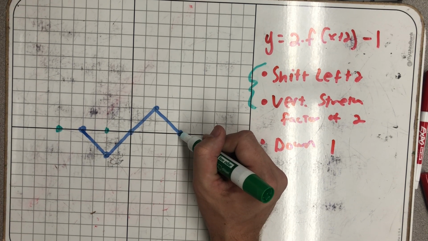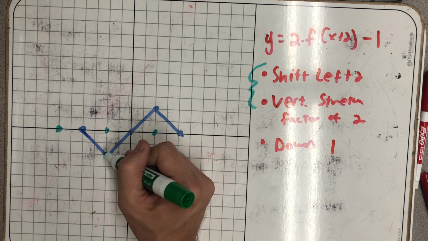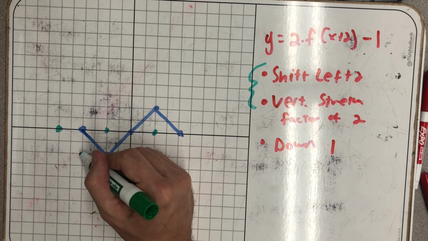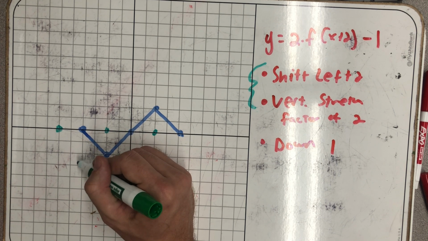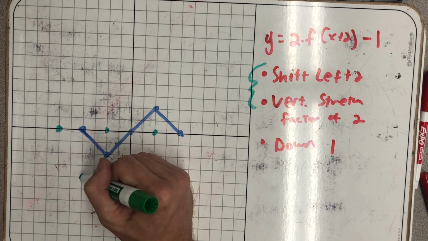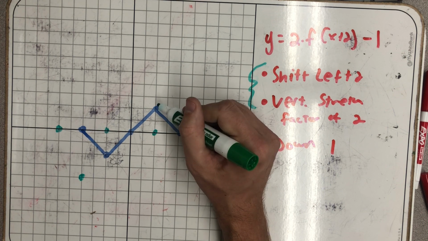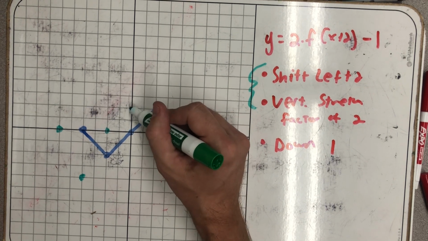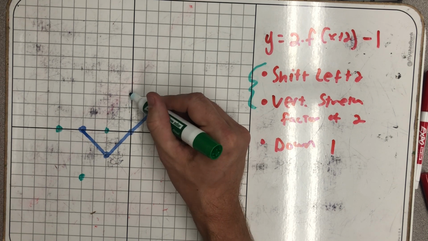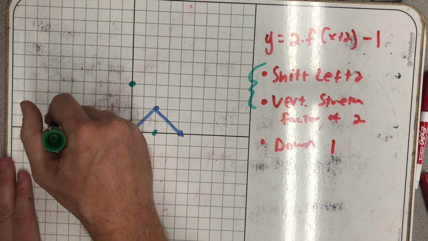This point to the left 2. This point I move to the left 2, but when I stretch it by a factor of 2, minus 2 times 2 would be minus 4. So 1, 2, 3, minus 4. This point I move to the left 2, 1, 2, and again, 2 times 2 is 4. So 1, 2, 3, 4.